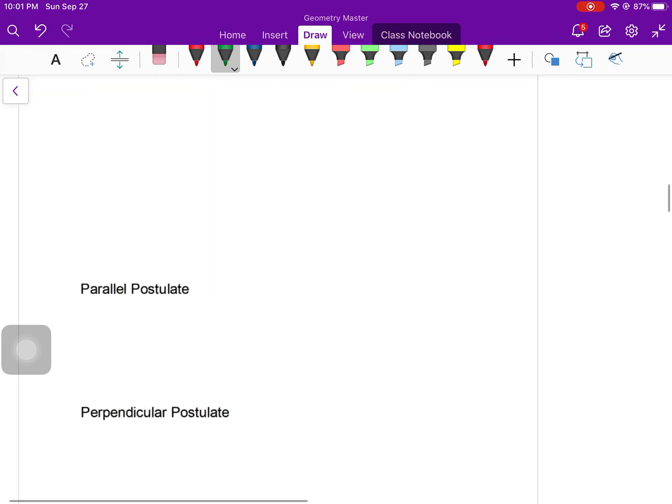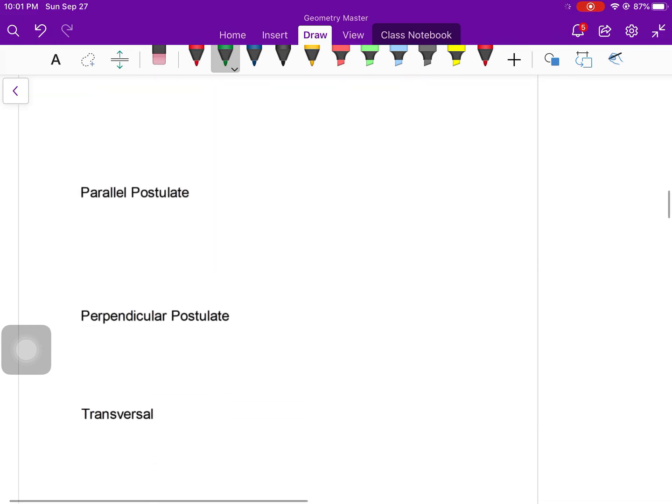All right. So the parallel postulate and the perpendicular postulate are almost word for word the exact same thing. Okay, so if you don't want to write out the full thing for both of them, that's fine. I kind of understand that.